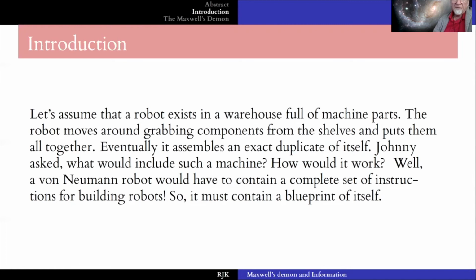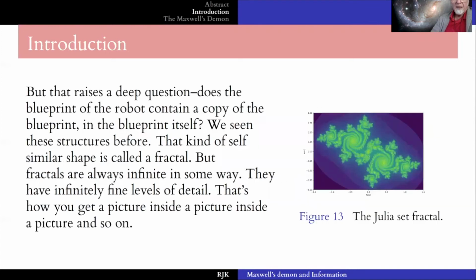So would the complete set of instructions also include a blueprint of itself? That raises a deep question. Does a blueprint of the robot contain a copy of the blueprint in the blueprint itself?